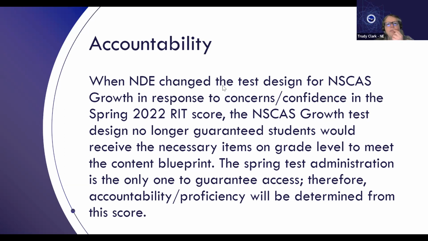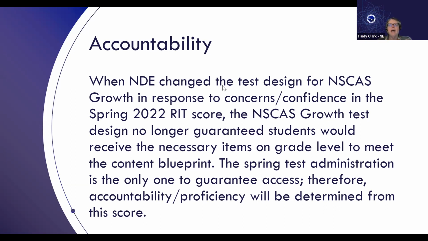The changes were made for fall and winter to obtain a more accurate RIT. Does that mean that the spring test will not have? No. The RIT score will continue to, or the growth will continue to be above at least 2 grades and below as low as it needs to go.